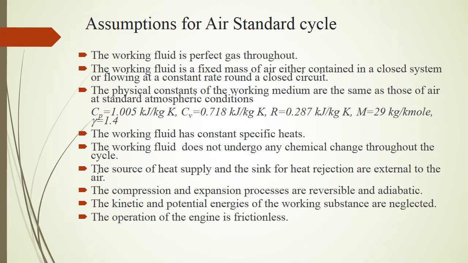There are some simplifying assumptions made in the analysis of the air standard cycle. The working fluid is a perfect gas, an ideal gas, throughout the range of operation, and it is bound to follow the ideal gas equation and gas laws, that is, PV = mRT or PV = nR_uT, and P times V upon T is constant.